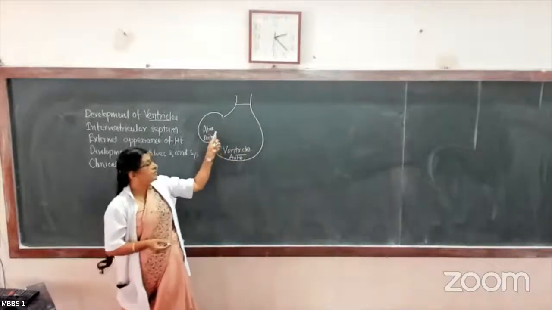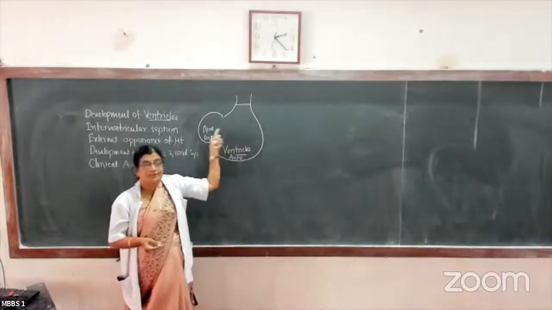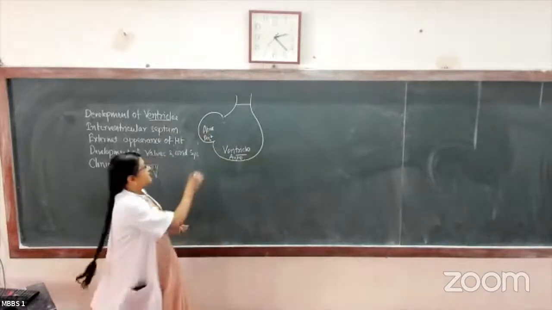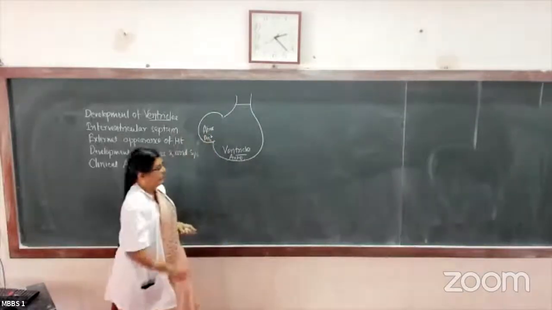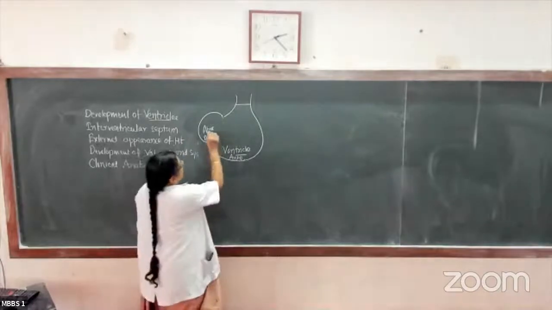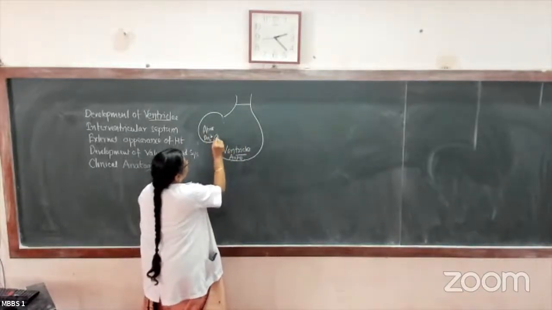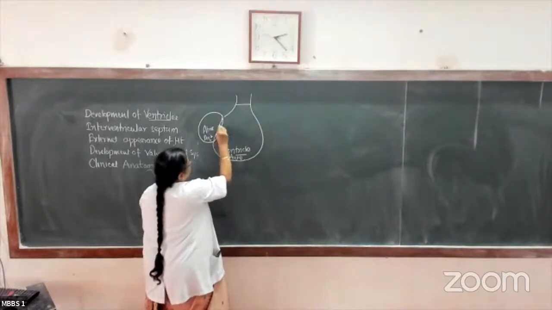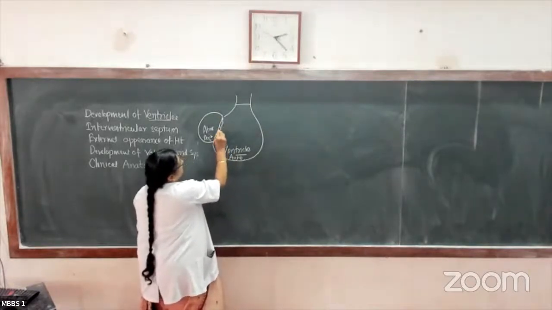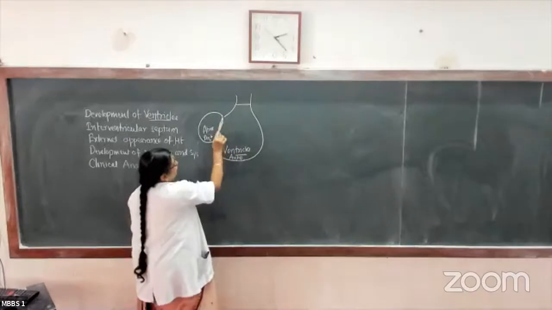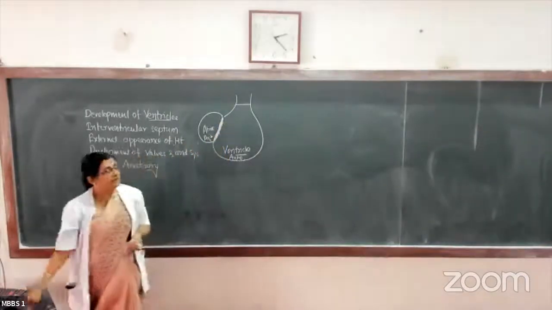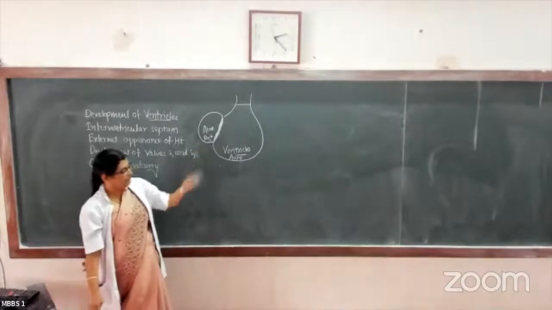This you should remember. Okay, not only this, but they are slightly to the right side actually. Now atria are separated from the ventricles by the atrioventricular cushions. They grow towards each other and form a septum intermedium.